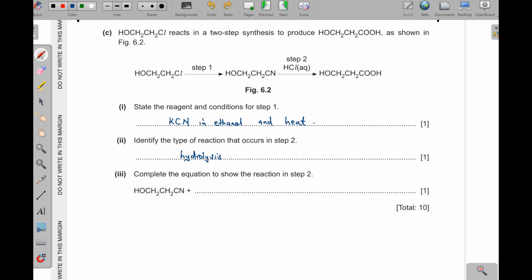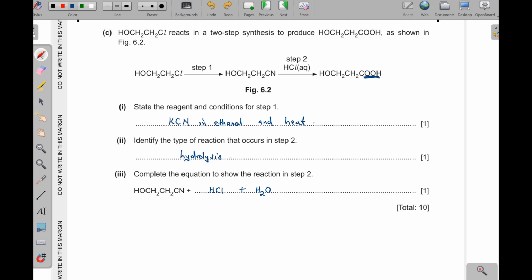This is where we are going to actually write that. When you are hydrolyzing this one, you put the HCl there, and you also put water. Why am I putting water? Because we are going to need the oxygens in here. If you just put the HCl here, it might not balance well.